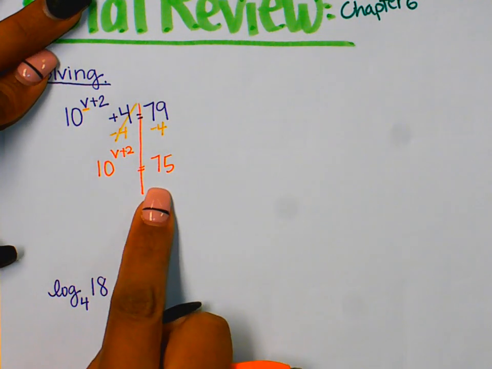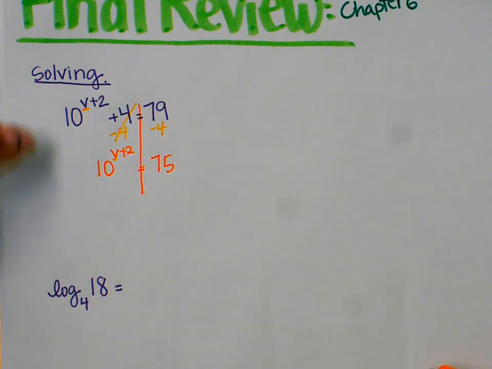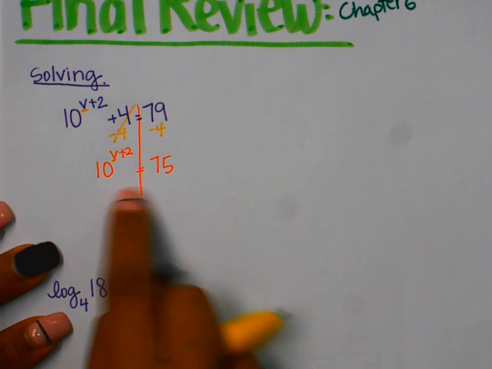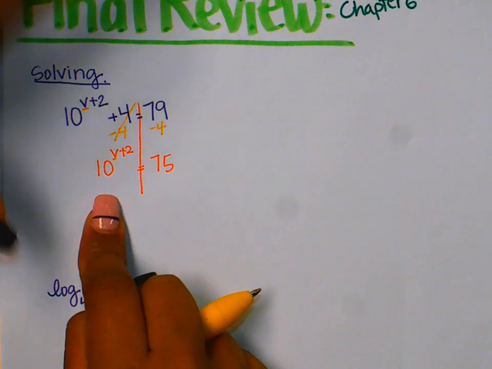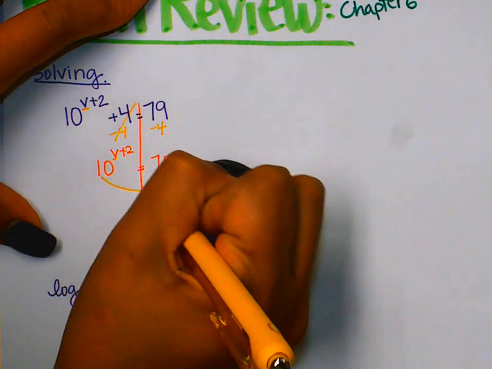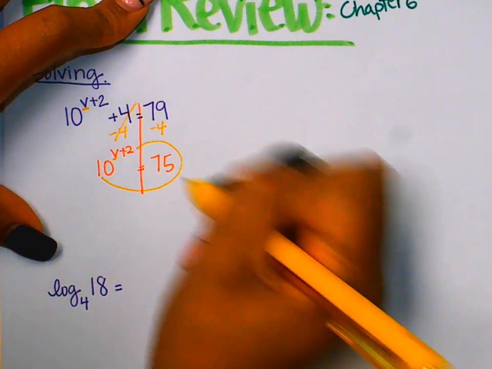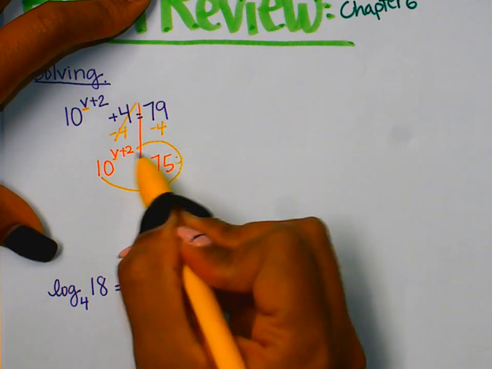So now that I have this, my variable, the one I'm trying to solve for, is an exponent. So in order to be able to solve for it, I need to be able to bring that down. If you guys think back to when we did logs and exponentials, we did a lot of practice on rewriting, going from exponential to log, and we called it our little whale. Remember the little smiley face there? That's the order in which we're going to write things.